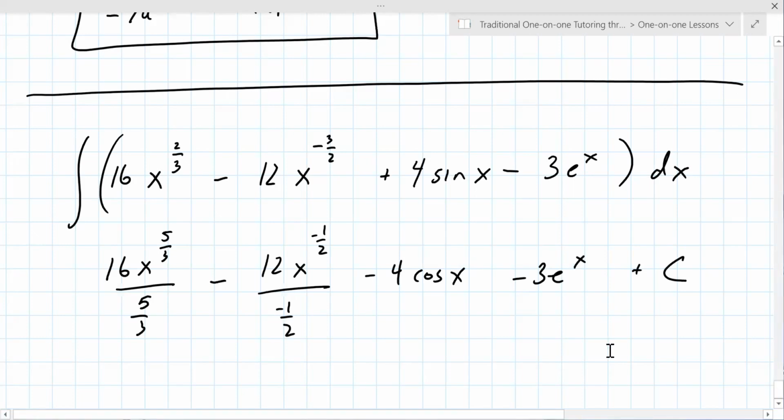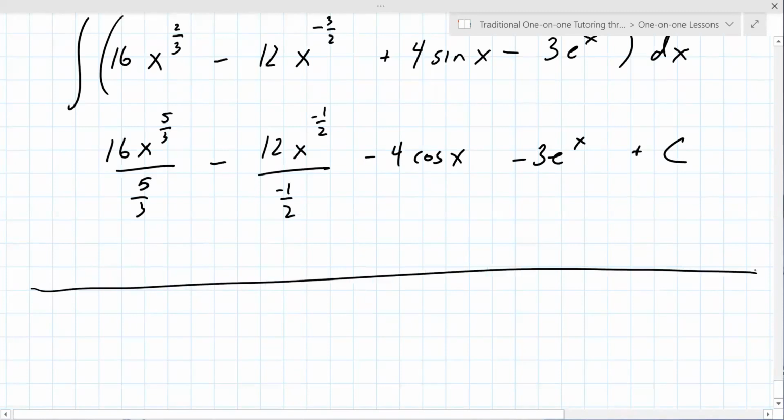Then you keep it: minus 3e to the x plus C. And then you can simplify if you want.